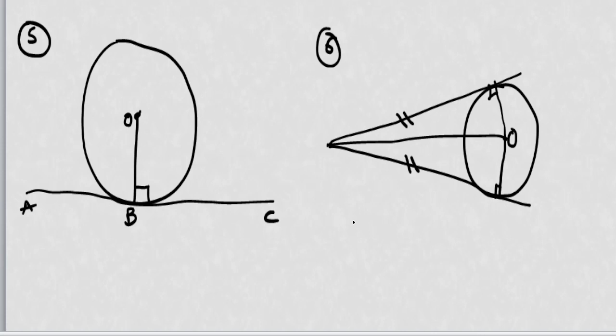Now, what do we say? If the length is the same, it means the angles should also be the same. This simply means this angle and this angle should be the same. This is 90, this is 90, so they should add up to 180 degrees. Okay, that one is very important.